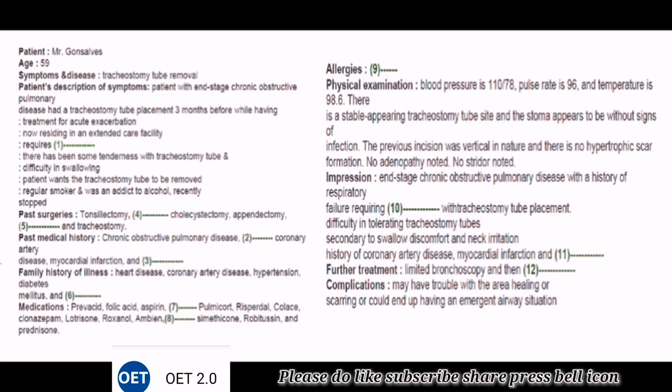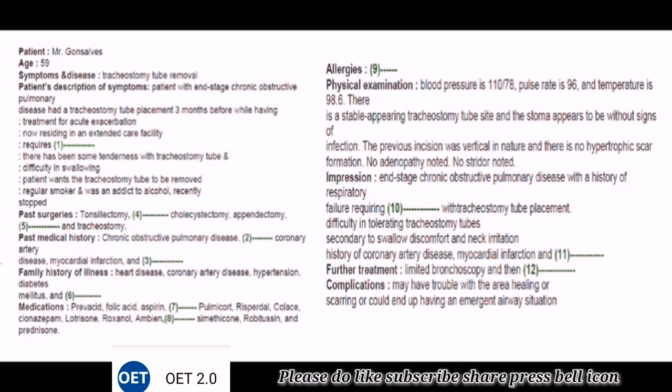Yes, doctor. Tonsillectomy, adenoidectomy, cholecystectomy, appendectomy, hernia repair, and tracheostomy. Okay, brief me about any diseases that your family members have. Well, my family members have heart disease, coronary artery disease, hypertension, diabetes mellitus, and cerebrovascular accident. Right.